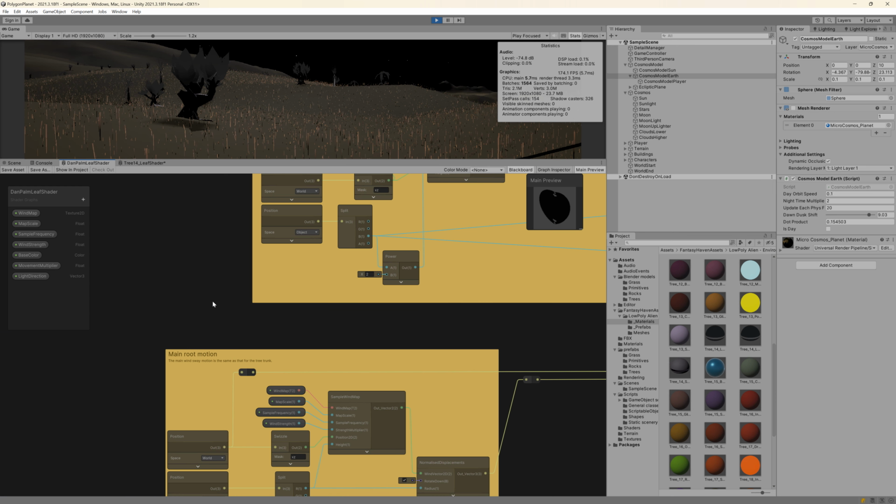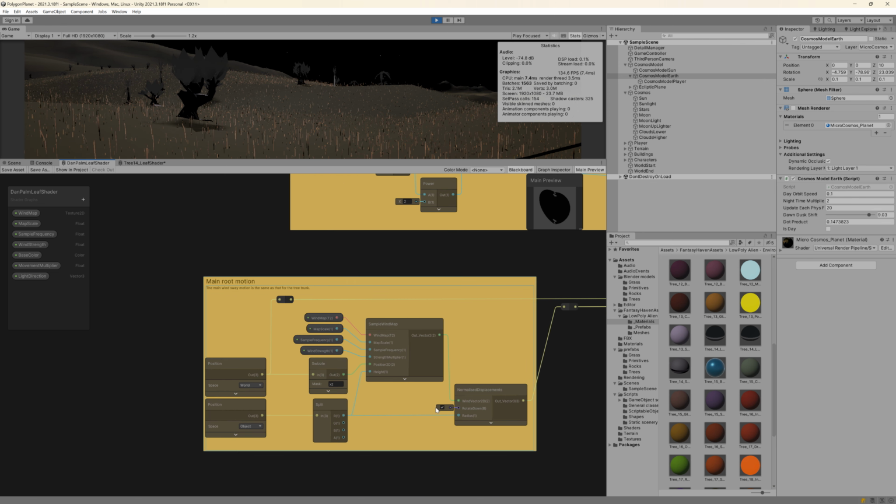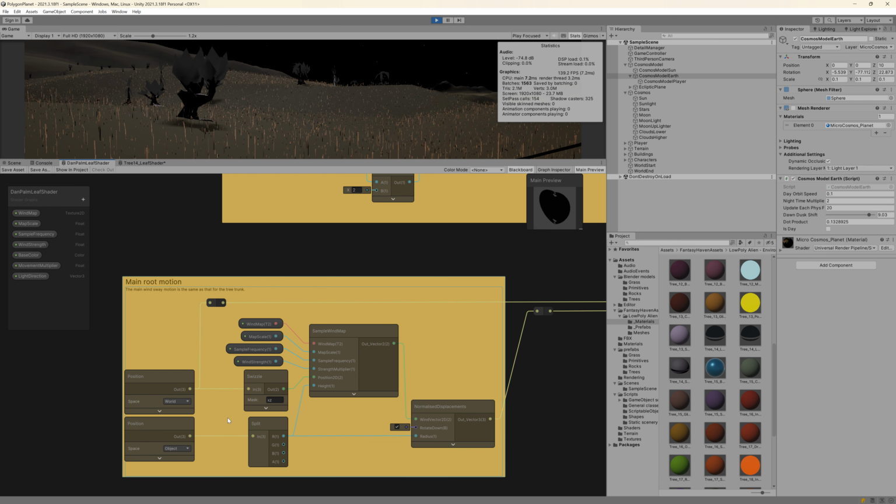The palm tree has a similar main root motion of the tree, and bear in mind, this is a vertex on the palm leaf. So how can it know about the tree?